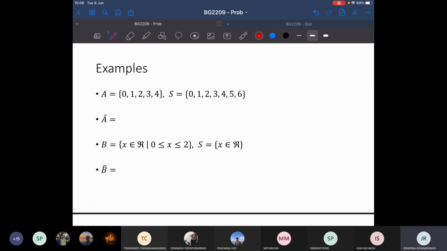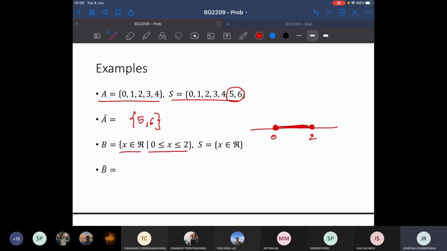Let me show you. If this is a sample space and A is here, not in A is going to be only these two, so it's going to be 5 and 6. If X is from 0 to 2, right, so this is B, from here to here, 0 to 2, including 0 and including 2.